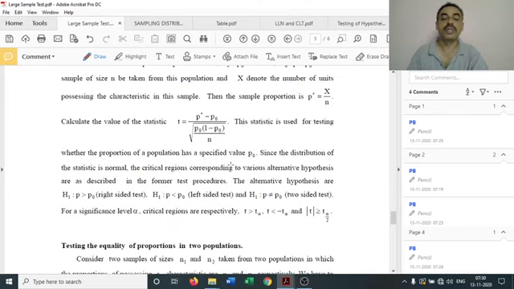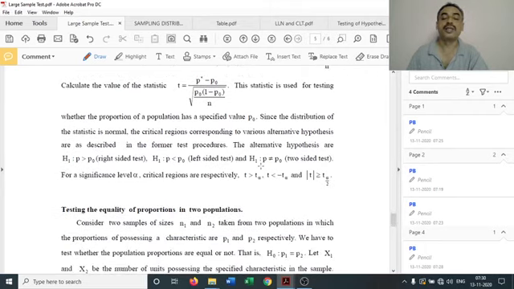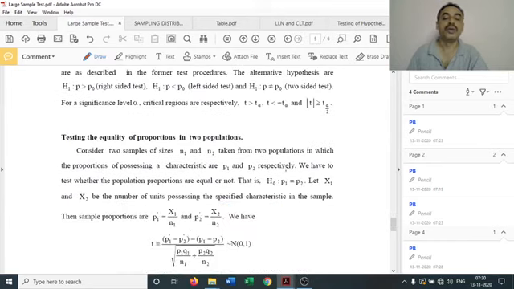Therefore there is no change in the construction of critical regions for various alternative hypotheses. So the various alternative hypotheses are: P greater than P0, that is right sided test; P less than P0, left sided test; and finally the third alternative hypothesis, P not equal to P0.